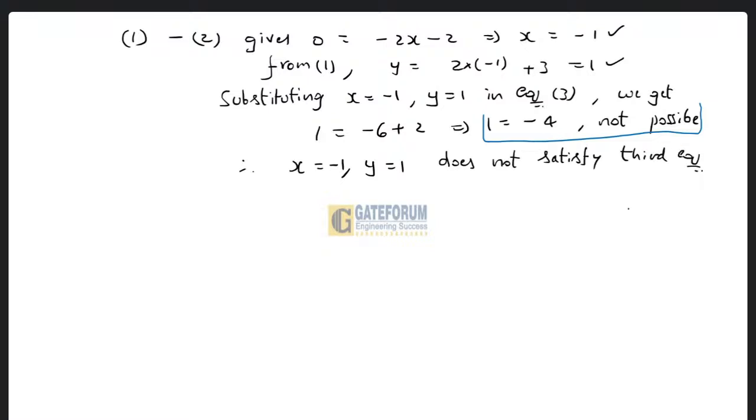So what is the solution? All x, y values that satisfy simultaneously, that is at a time, all the three equations. If one equation doesn't satisfy, then the equations have no solution. Therefore, the system of equations has no solution.